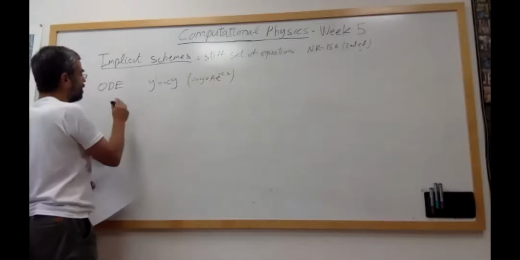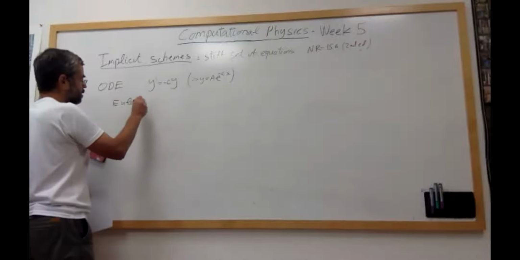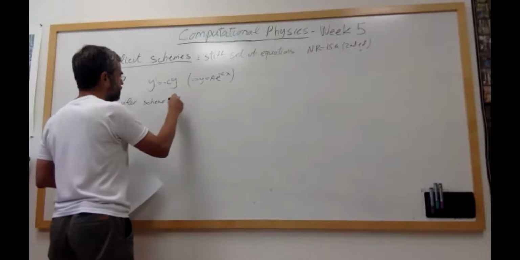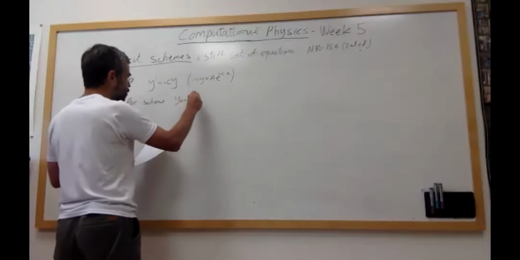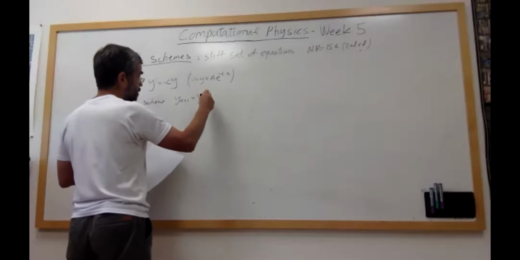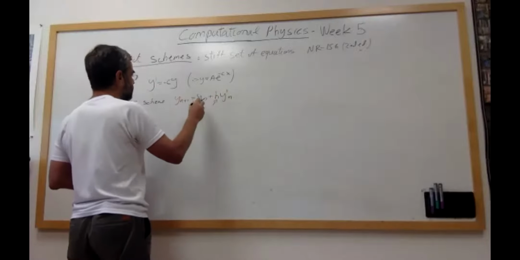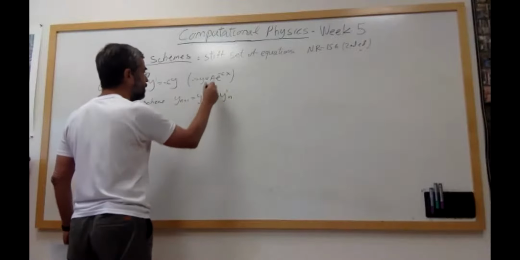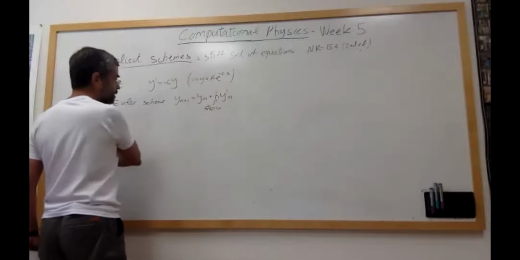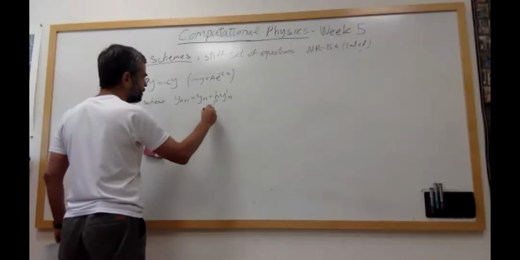If we now look at the Euler scheme, y n plus 1 is yn plus h times y dash n, where h is the step in x, delta x.